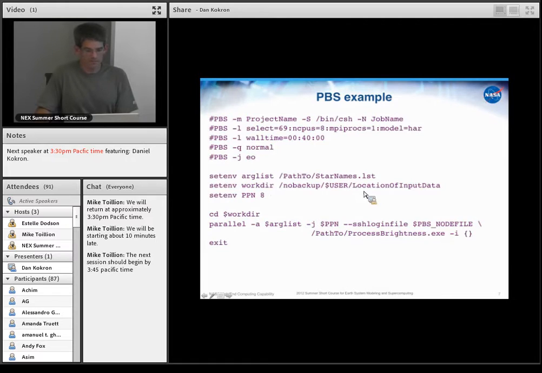And we go down to the parallel command itself, where we have the list of star names, the -a argument. We're going to launch 8 jobs on each node, and the SSH login command. I believe Johnny went over this PBS node file yesterday, and it has a list of all the node names that are provided when you launch this by PBS, when you qsub this job.